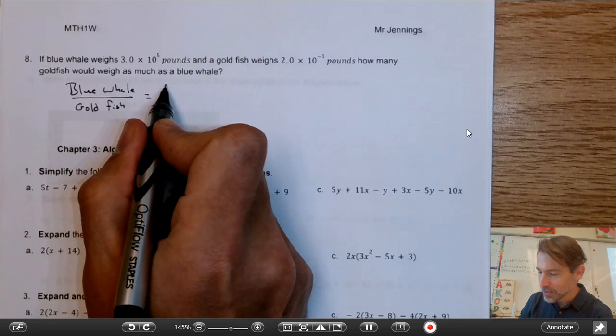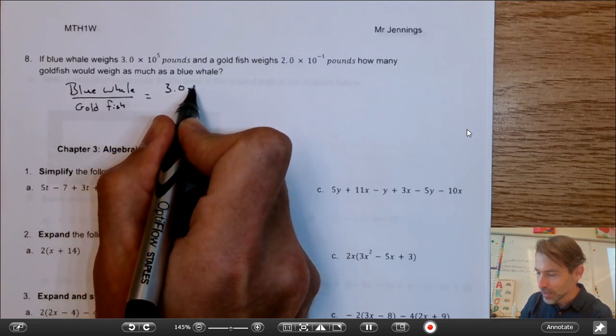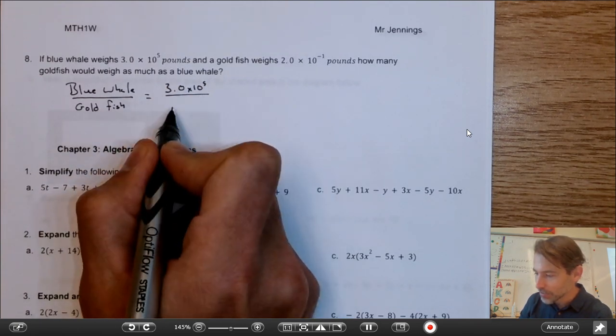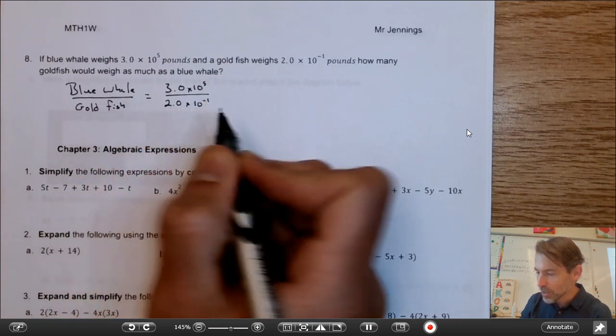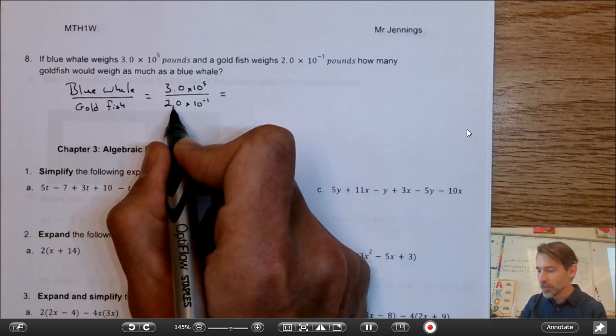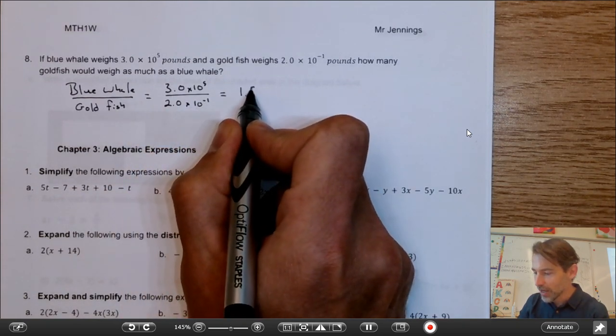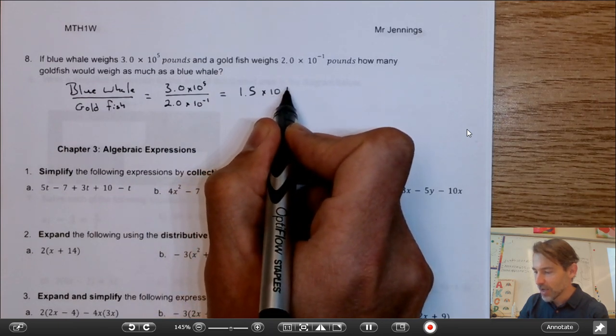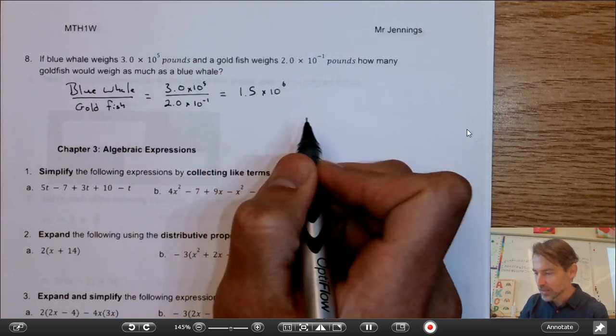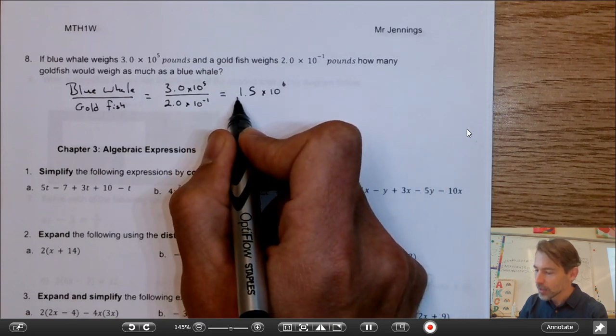So now put the numbers in there. 3.0 times 10 to the 5 divided by 2.0 times 10 to the negative 1. All right, 3 divided by 2 is 1.5. 10 to the 5 divided by 10 to the negative 1 is 10 to the 5 minus 1, which is 10 to the 6.